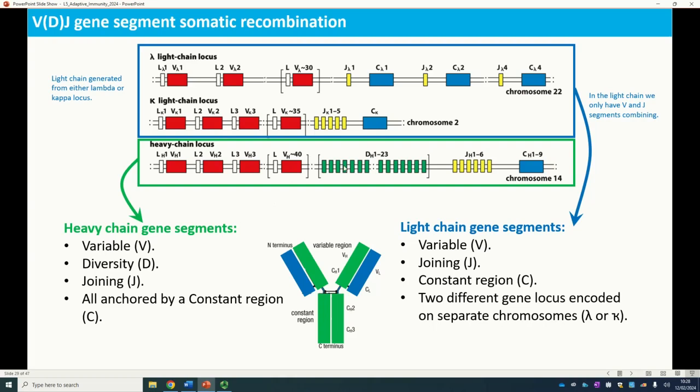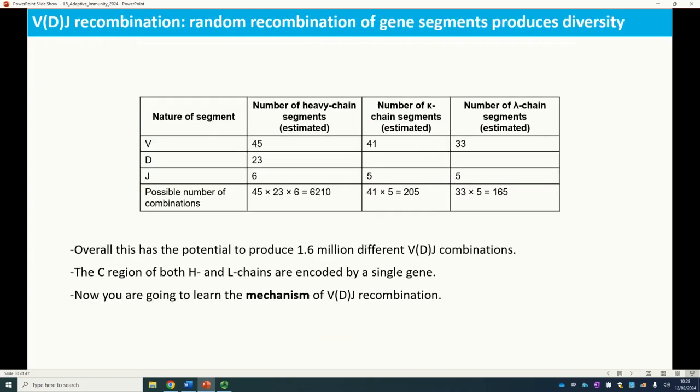This is where we have the VDJ: VJ for the light chain and VDJ for the heavy chain locus. And this table is showing that this random recombination of the gene segments via VDJ recombination produces the massive diversity that we have for our antigen receptors.